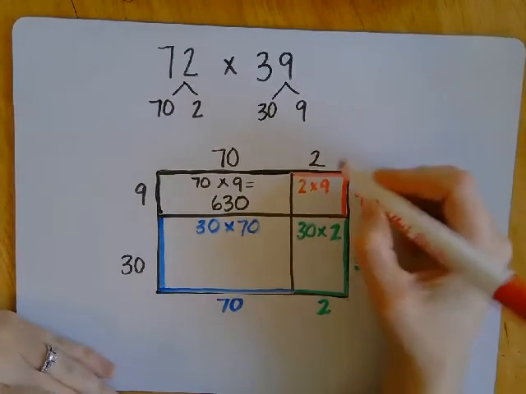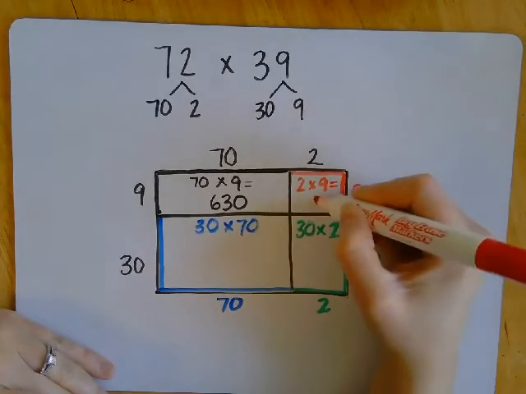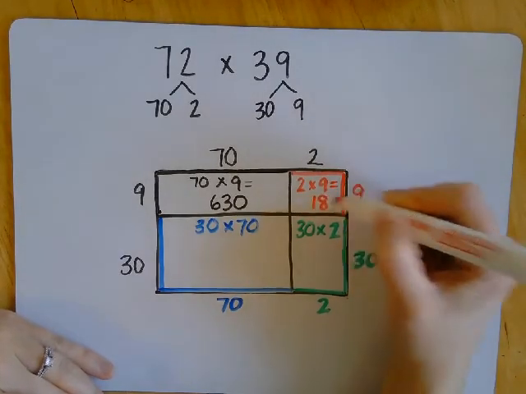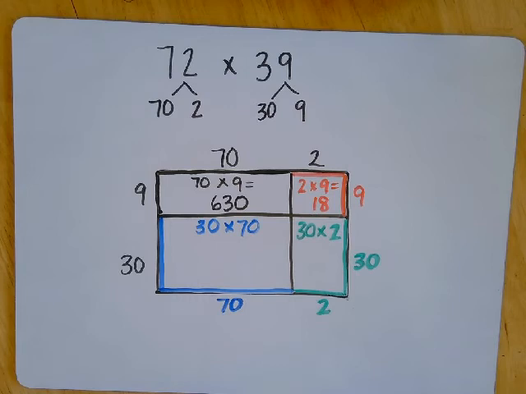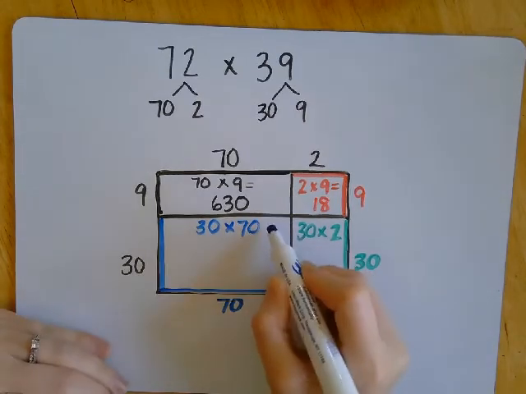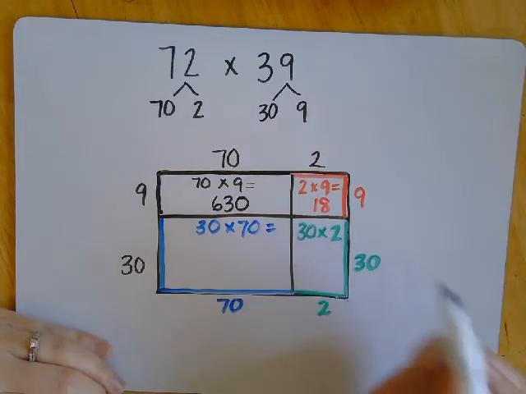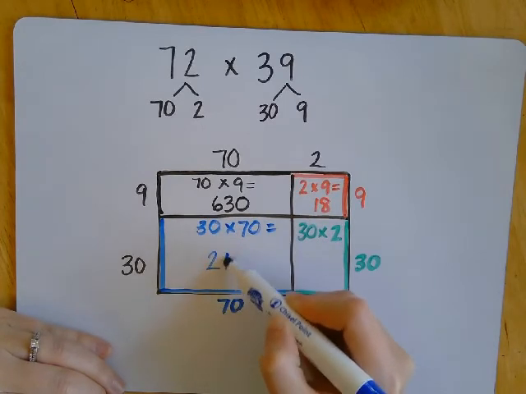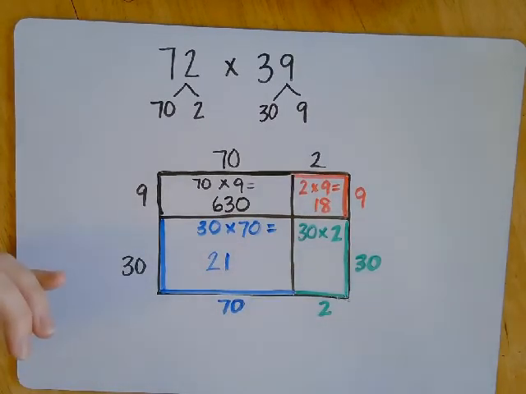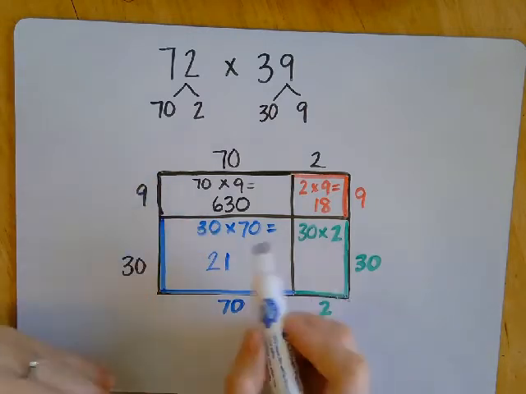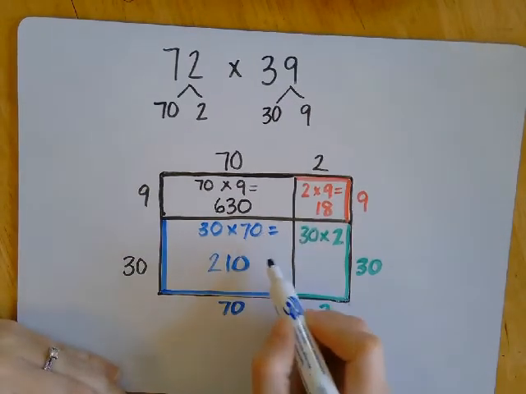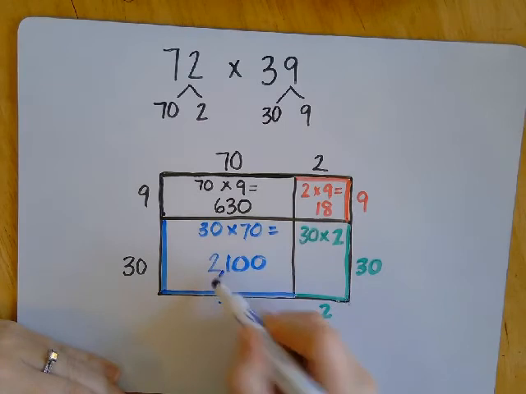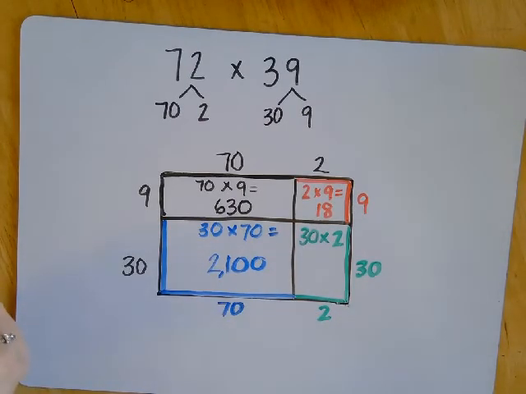This square, 2 times 9, I know is equal to 18. 30 times 70, I can think of that as 3 times 7, which is 21. But because I'm multiplying two 10s together, I need 2 zeros in my answer. So 30 times 70 is 2,100.